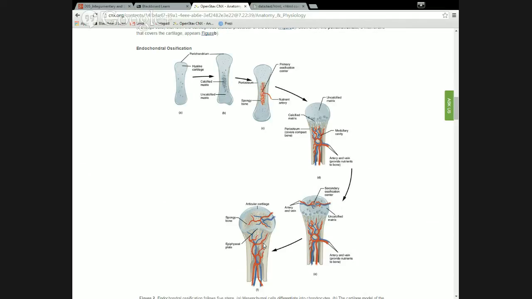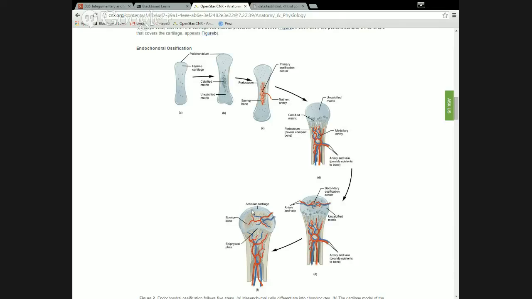That's suggested here in the picture. Here's the diaphysis growing in, and the epiphysis stays as uncalcified cartilage at this point. Then a secondary ossification center grows in here, and the cartilage that was at the end here becomes the epiphysis.